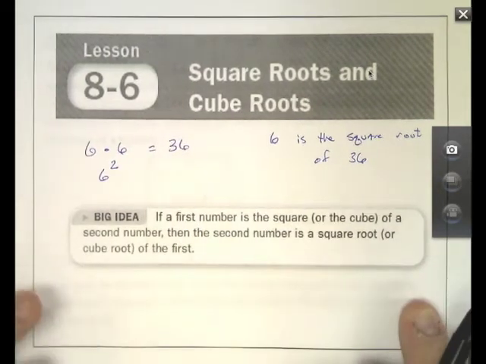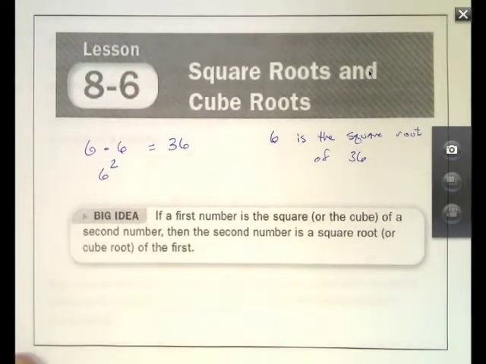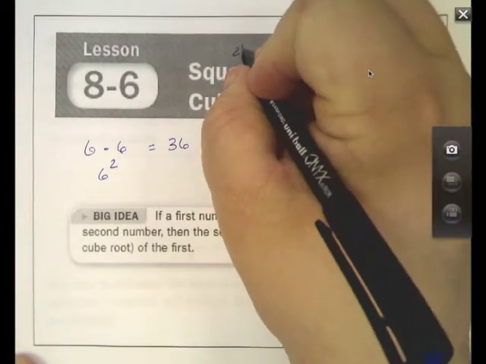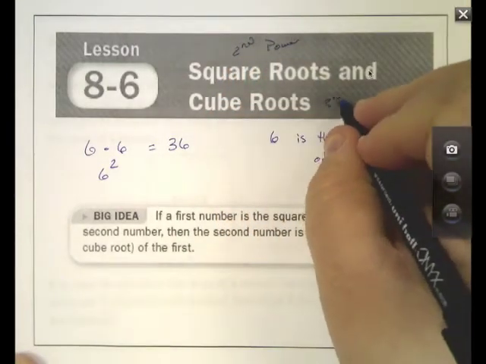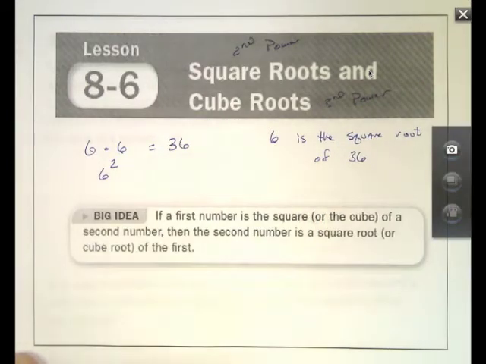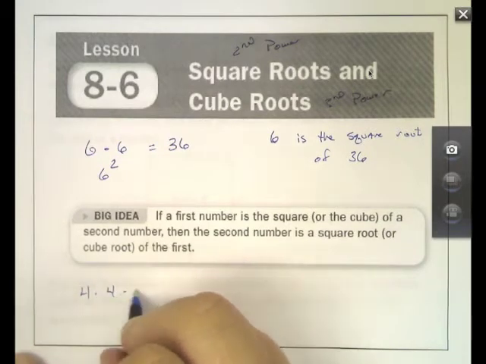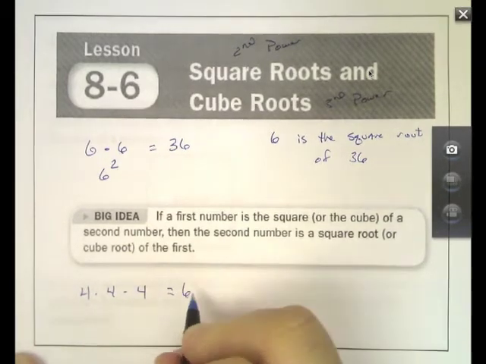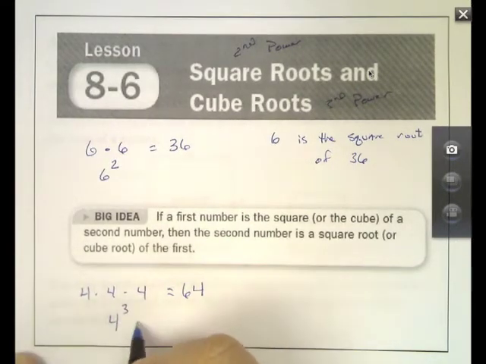Now, same thing in essence for cube roots. Cube roots, the only difference is it's to the third power. This is to the second power. This is to the third power. Okay? Cube roots, well, we know 4 times 4 times 4 gives me 64, which is also 4 to the third power.